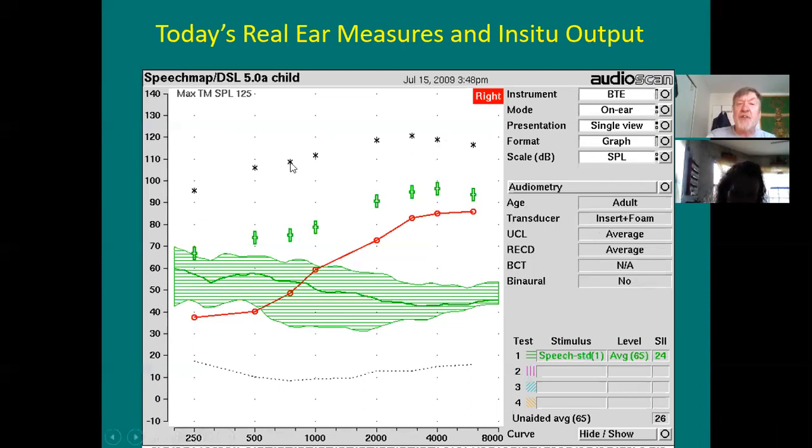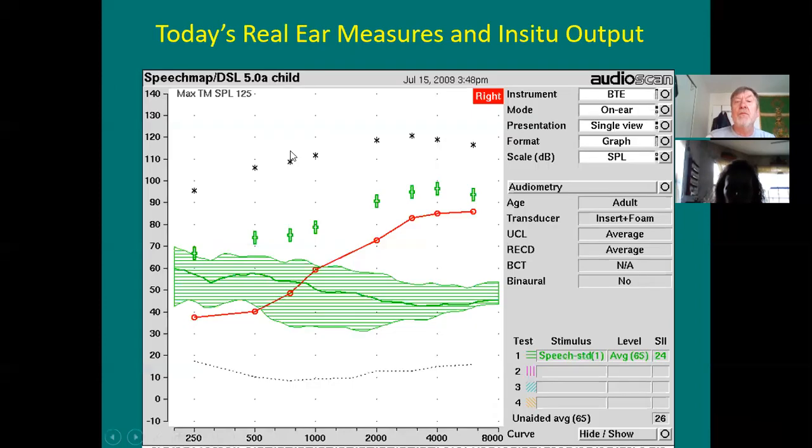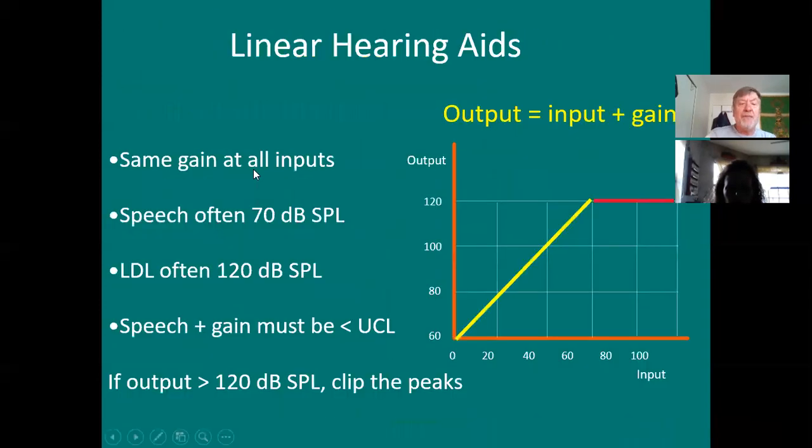The asterisks are loudness tolerance levels. The plus signs are the target for average inputs in this case. The fitting method is DSL5 for a child. Wow. For a child. Well, what is it for an adult? Whoa. I don't know. We'll see. Real ear measures today.